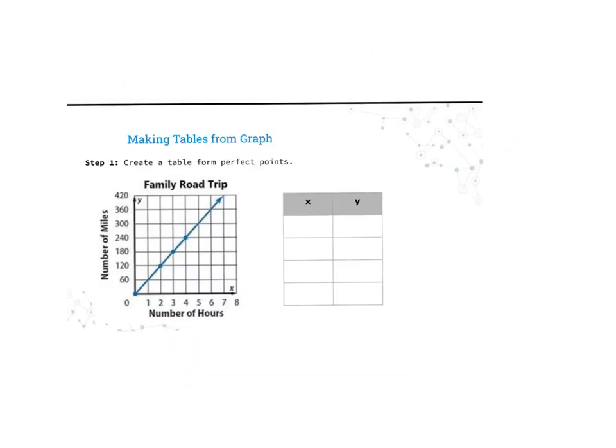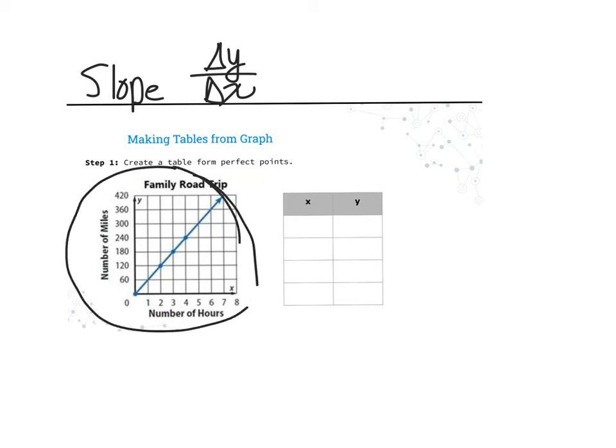In a graph, we're going to use very similar strategies in that we want to create tables and then find delta y over delta x. My slope formula is still the change in y over the change in x. That doesn't change. What changes is our presentation of the data. On this graph, I'm looking for those perfect points to fill in the table.